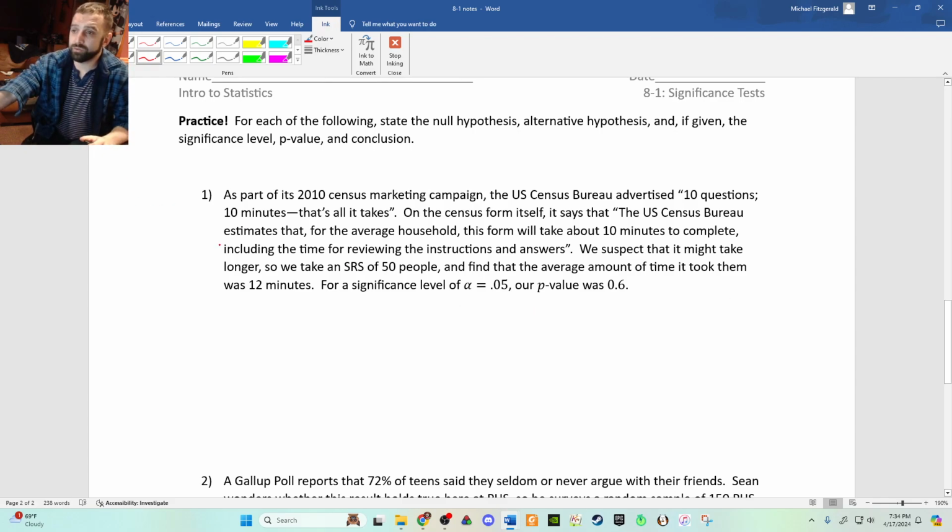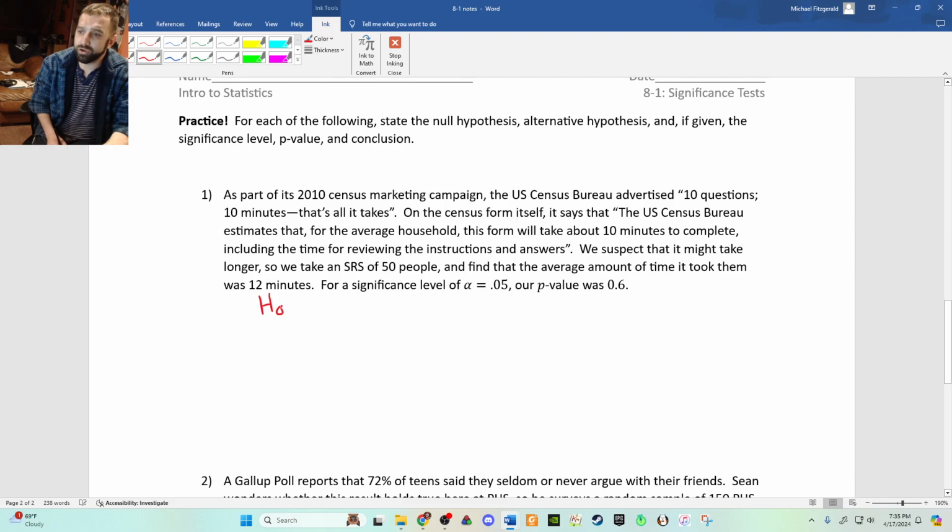As part of the 2010 census marketing campaign, the US Census Bureau said 10 questions in 10 minutes. They say taking the census will take about 10 minutes to complete. Some people might expect that it takes longer, so they wanted to see if that's true. So this 10-minute claim would be our null hypothesis.